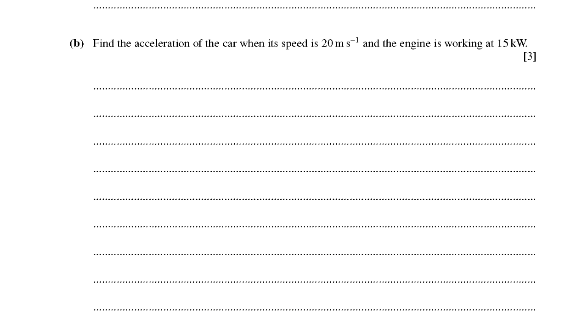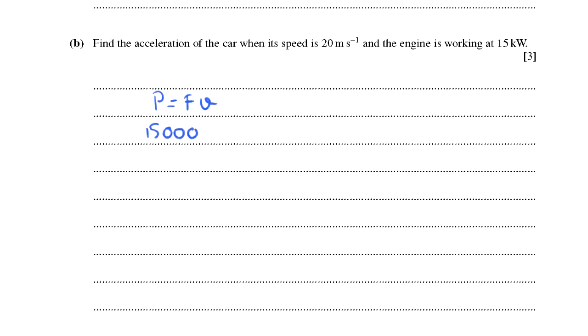Find the acceleration of the car when its speed is 20 meters per second and the engine is working at 15 kilowatts. So hopefully we picked up that the engine power has increased. It was 7, now it's 15, which means we're expecting that it's going to be accelerating forwards. And of course, we use the same formulas. Power is force times velocity. The power is now 15 kilowatts, so don't forget to change it back to watts.